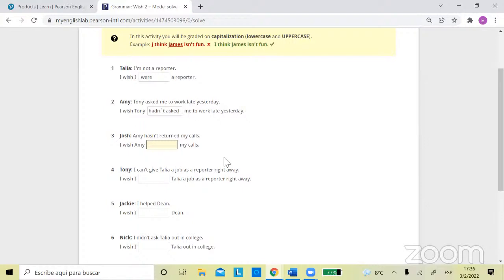So, what do I use for desires in the future?